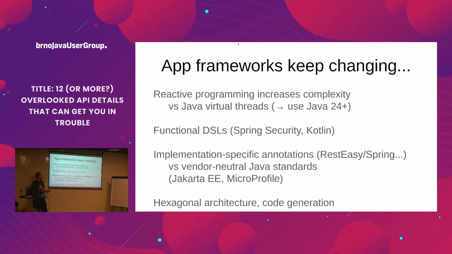The other thing that we've seen is, for example, why Spring is so popular, because a long time ago we had the Java Enterprise Edition, which wasn't very nice to use at the beginning, and then many people started using Spring as a layer on top of Java Enterprise Edition. Meanwhile, Java Enterprise Edition evolved. Now it's called Jakarta EE, and it's really different from what we had back then.